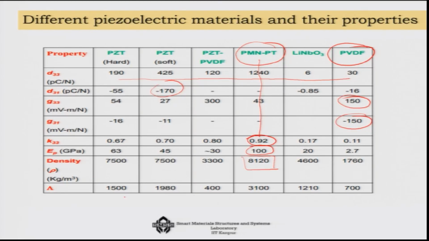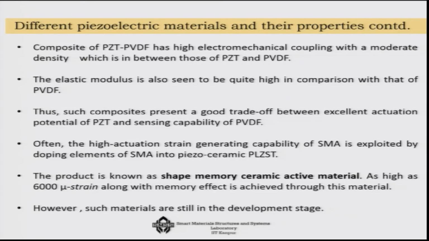So, free strain is maximum here because it has the largest coupling coefficient and the largest d33. The smallest free strain is if you make a composite of PZT and PVDF, or PVDF itself also has low free strain, but it is good in terms of voltage generation.